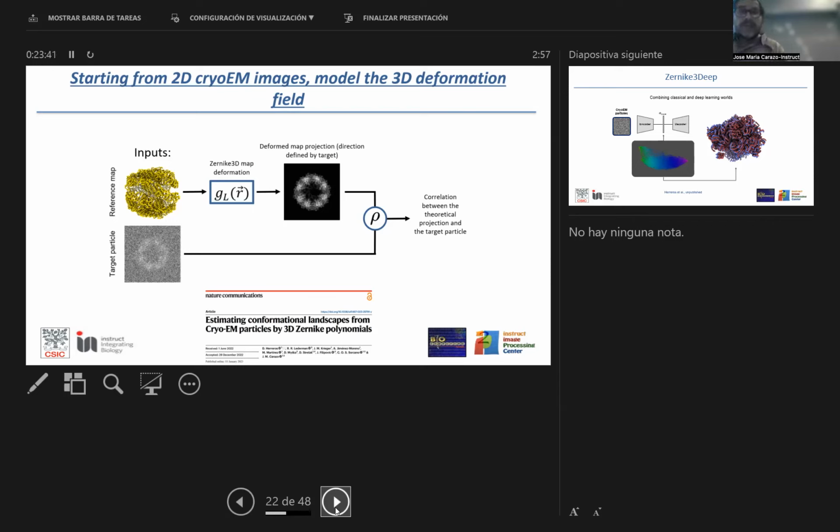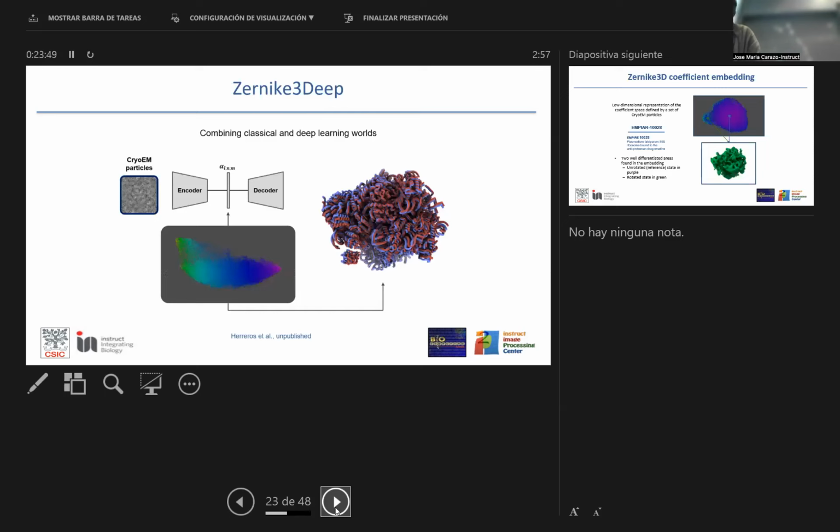And we can do that in many ways. We did this at the beginning with power optimization. Now we don't do it in that way. We just do it by a neural network, and we take the cryo-EM image, a classical encoder-decoder approach. With the encoder, we get a certain latent space that in principle is a space in which you don't know which variables are there, but are capturing the elements of variability of your image. Okay, we do know what is here because the decoder is not trained.